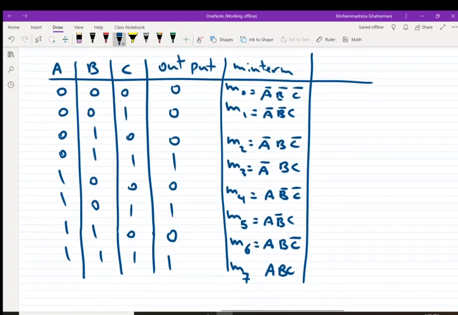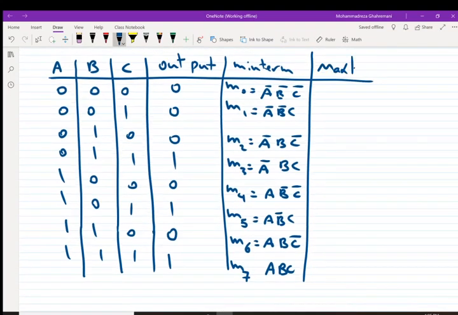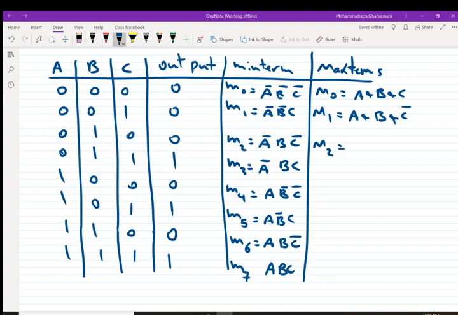Now let's write the maxterms. M0 is equal to A plus B plus C. M1 is A plus B plus C bar. M2 is A plus B bar plus C. M3 is A plus B bar plus C bar.